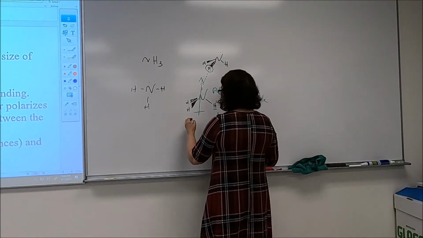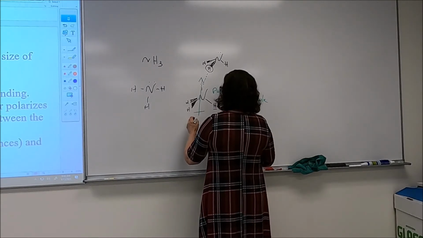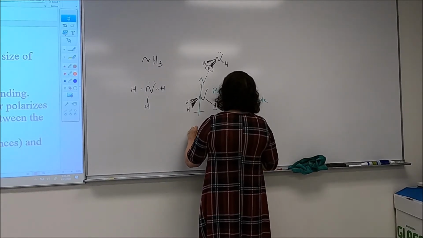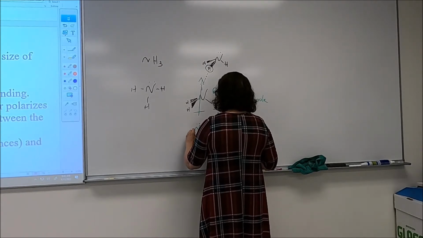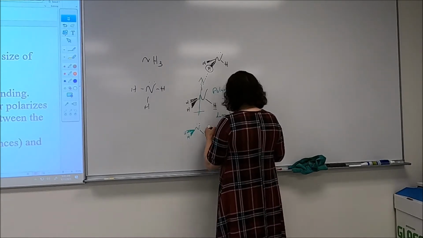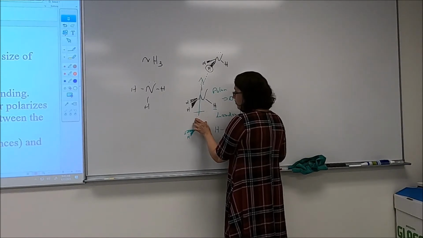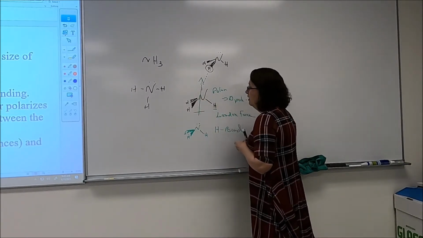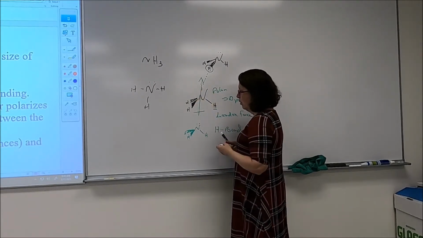If I just had nitrogens and they were kind of jumbly, we could also think about this side of the nitrogen, the lone pair side, being attracted to the hydrogen base of this ammonia.